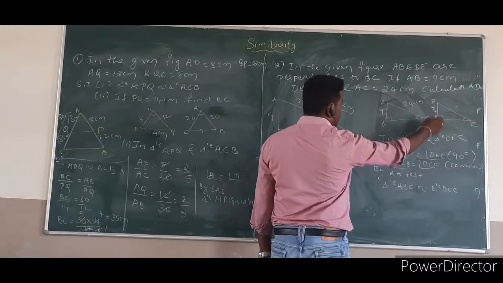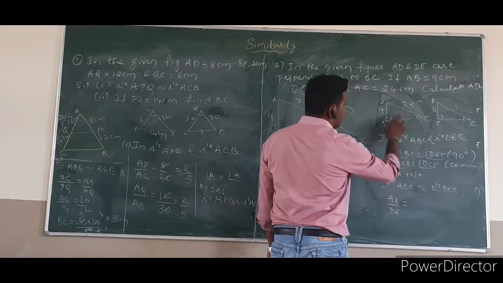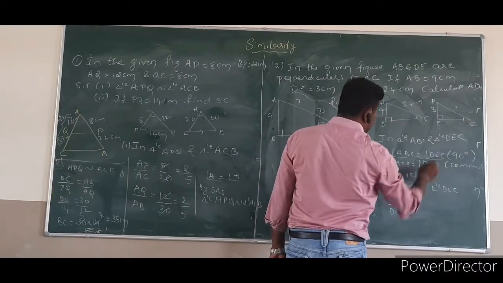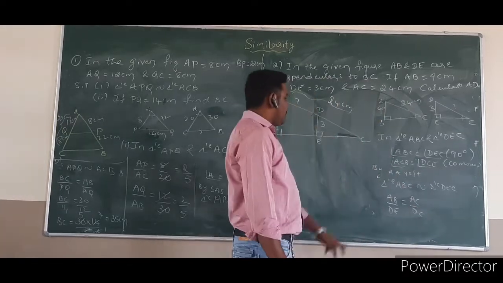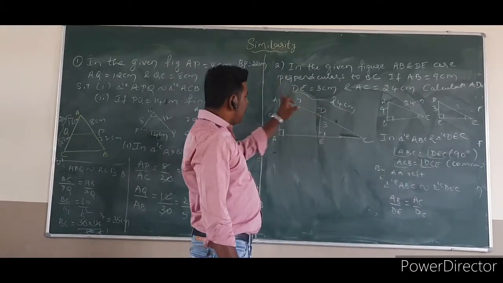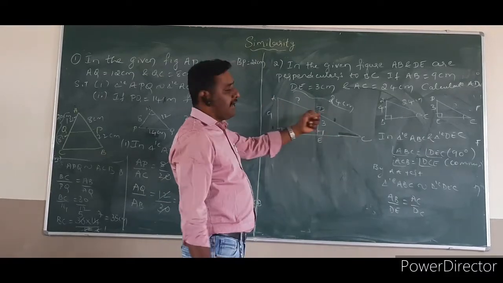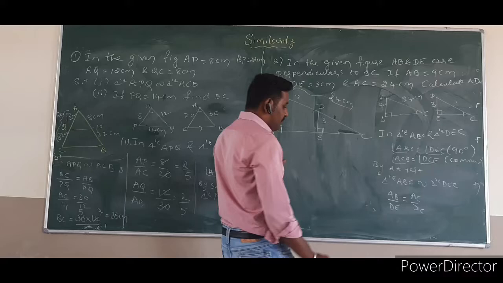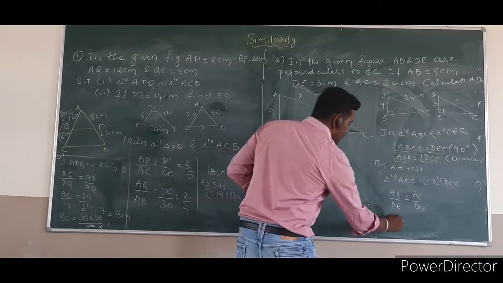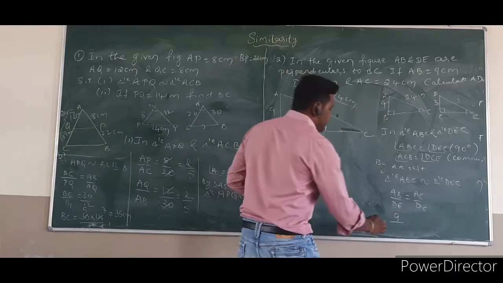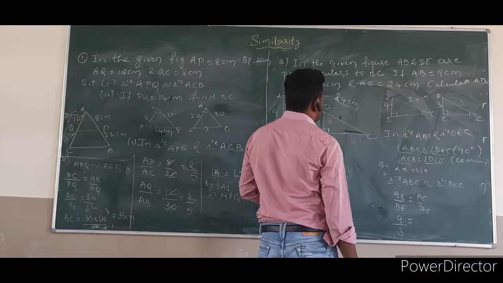Next, you can consider the corresponding sides. AB divided by DE is equal to AC divided by DC. So first we want to find out DC because they are already given AC. In AC, if you subtract DC, you will get AD value. So AB is how much there? 9 divided by DE is 3 is equal to AC is how much there given?